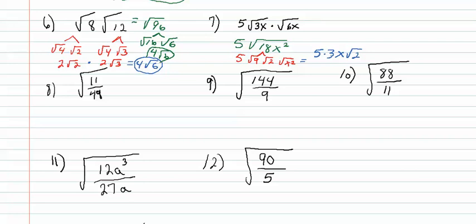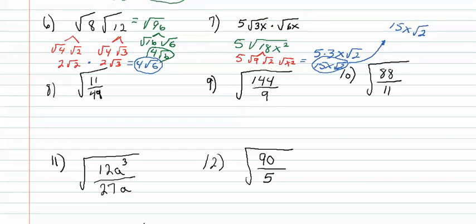So 5 times 3 is 15. x radical 2. And that's your answer. So let me write it up here so you can see it a little bit better. So we have 15x radical 2. And that's my answer.